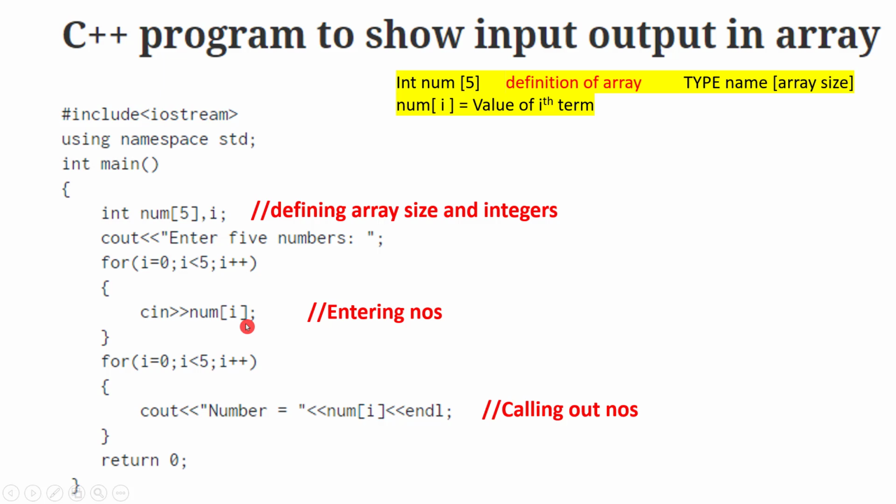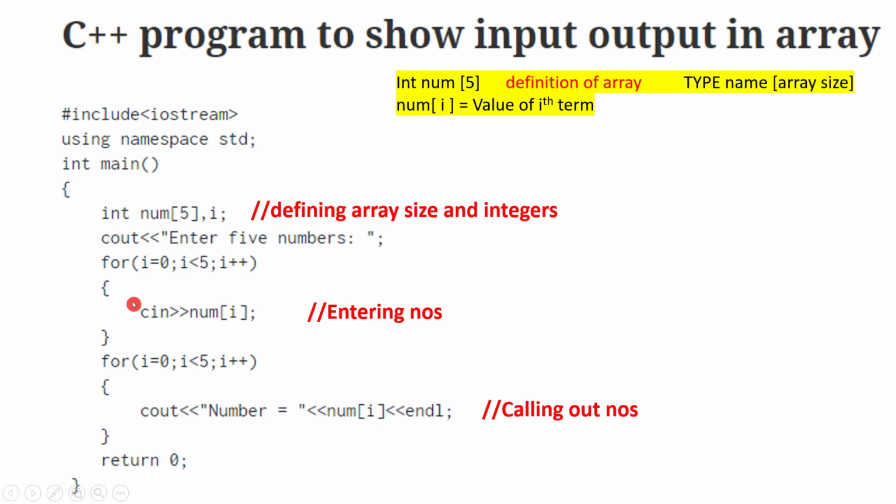So first we are going to enter the first value. Whatever we enter after these enter 5 numbers in the display, the first number will go to the 0th position. So it will come like 0th position, first, second, third, and fourth, because when the value is equal to 5, the loop will exit from this for loop.